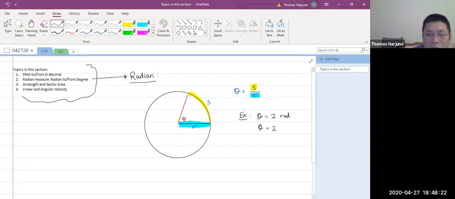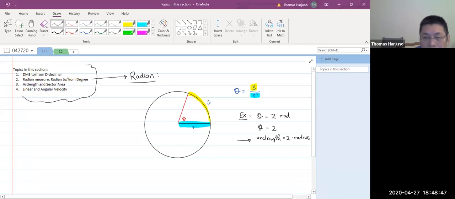Now, when we say theta equals 2, it means the arc length is 2 times the radius.